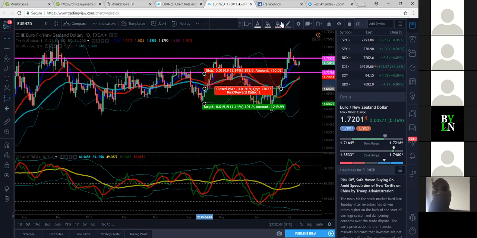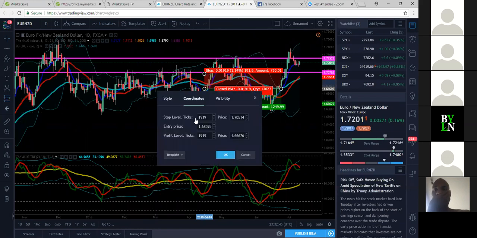Now you want to go to the toolbar and click the little gear right here for the settings. And when you click that, you're going to see another dialog box that opens. It's going to say style, coordinates, and visibility. You want to go to coordinates. And right here it says entry price. You have your stop level with ticks, and you have your profit level with ticks.